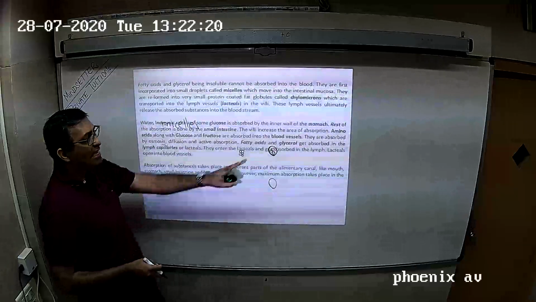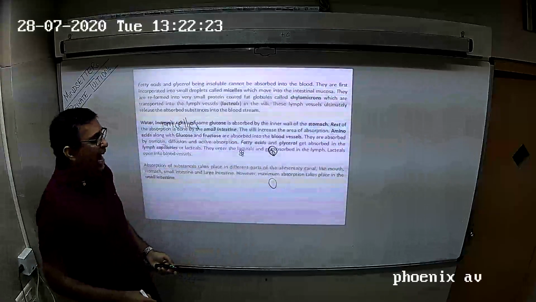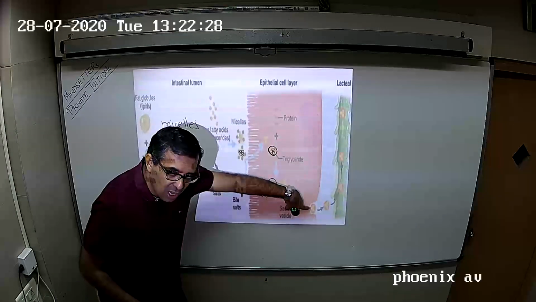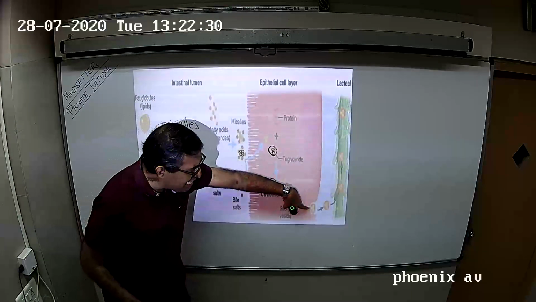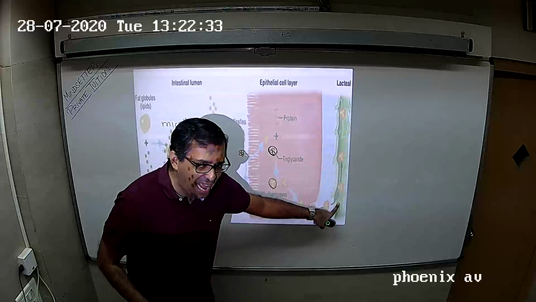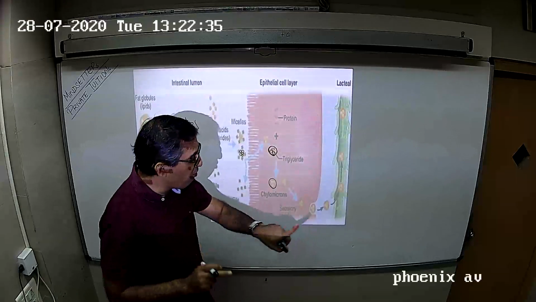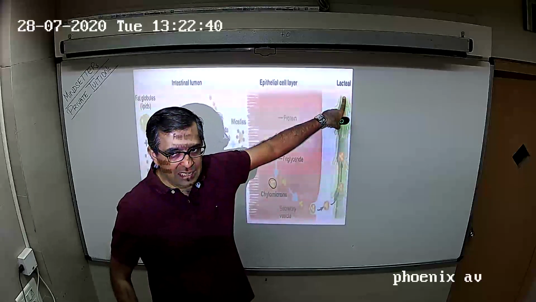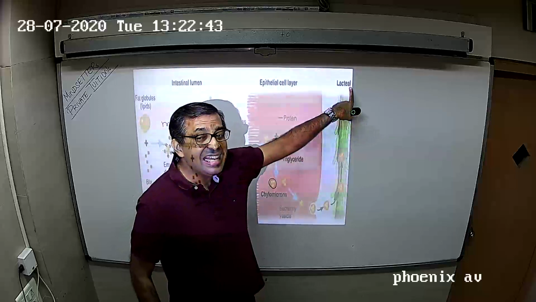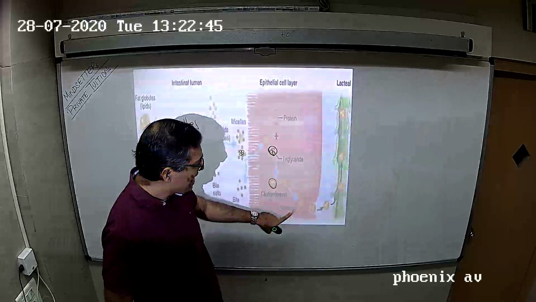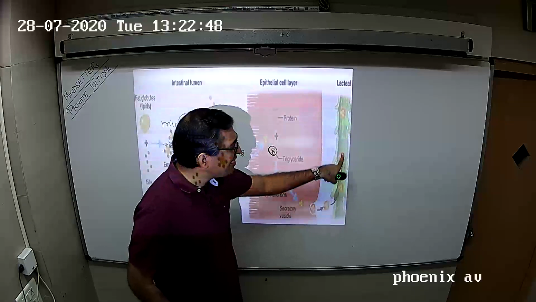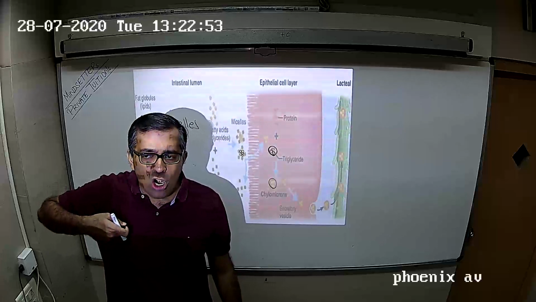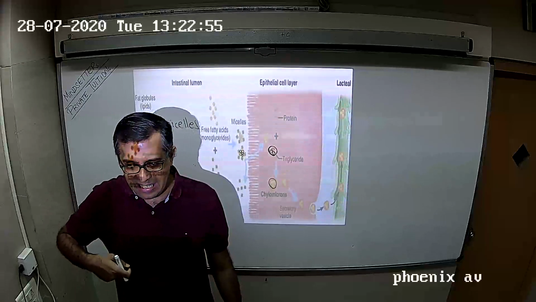These are called chylomicrons, and chylomicrons now go from the intestinal epithelial cells into the villi. और villi के बीच में होते हैं lymph vessels, which are called lacteals, and chylomicrons pass into lacteals, and lacteals will transport fat out of the intestine.